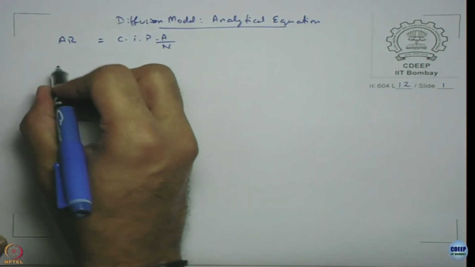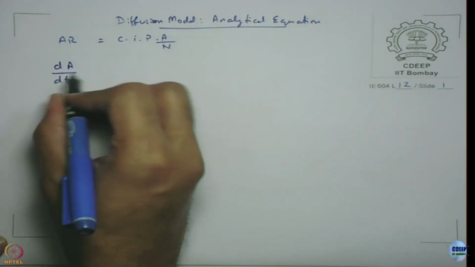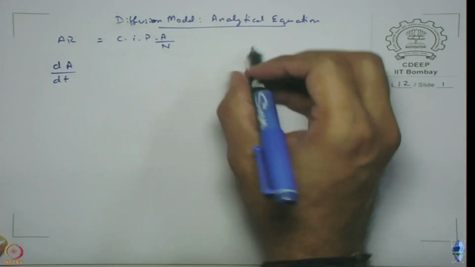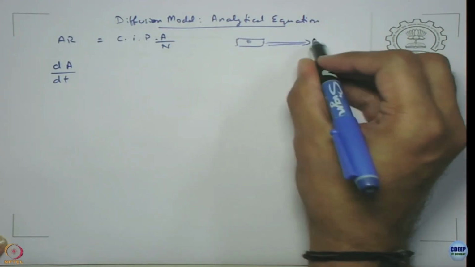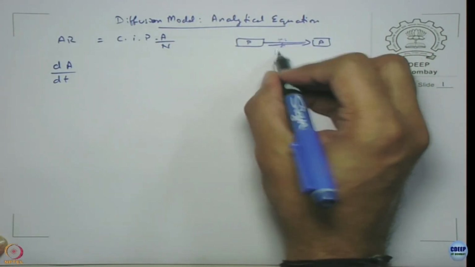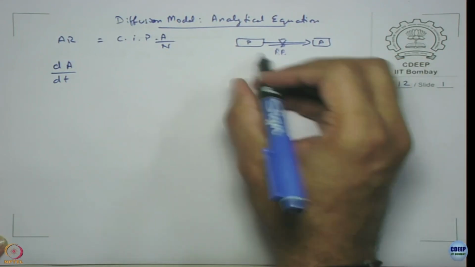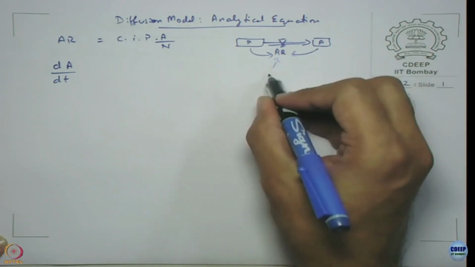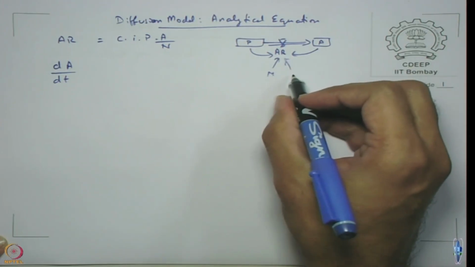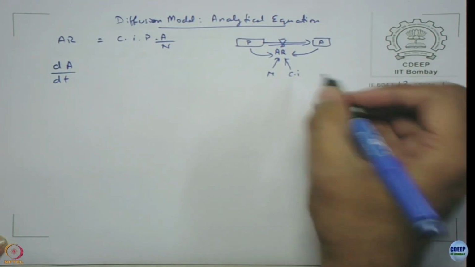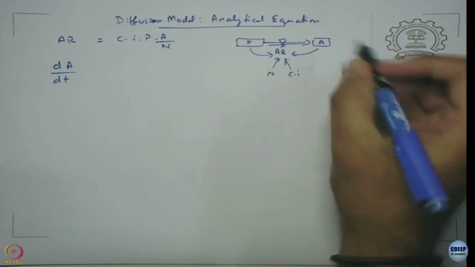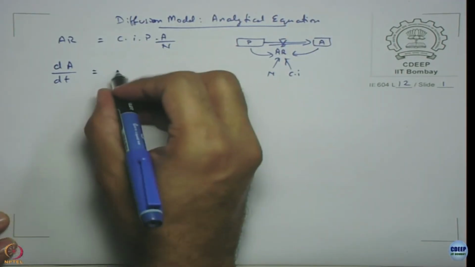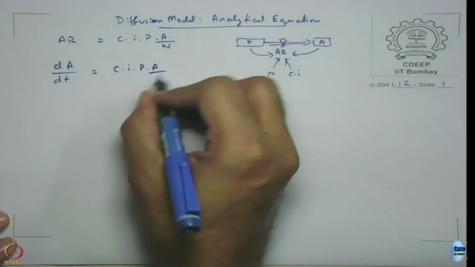So, this is nothing but the change in the number of adopters A. What I am plotting here is this model. For simplicity sake, I am just going to write C into I as this. So, this is the model and the underlying equation is shown. So, the change in A is the same as C into I into P into A by N.